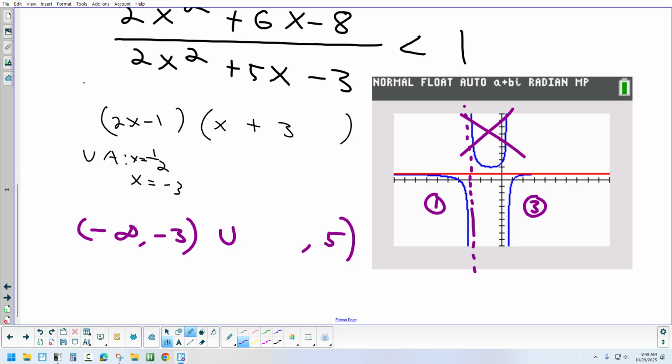If you go past this number, you're going to end up in section 2. So don't go past that number. Yeah? 0.5. Your vertical asymptote. You cannot go below 1/2.